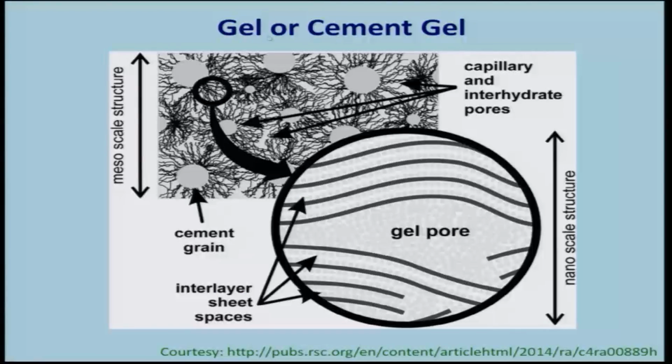Now, another representation of gel or cement gel is provided for easy understanding of the audience. This is a hydrated cement system shown at the mesoscale level, and if you get into the nanoscale, you will typically find the hydrated cement gel in the form of layers, like what we have seen in the other model, and you have interlayer sheets, and you will also have gel pores. It is shown that you can have water in between the interlayers, or in the gel pores, or in other locations.